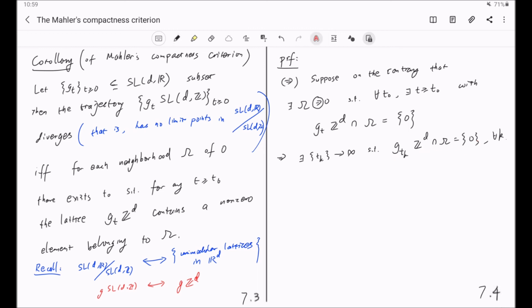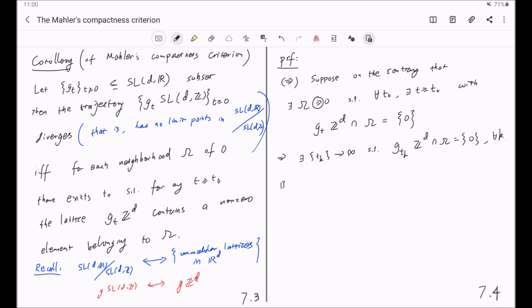So what does this tell you? I'll let you think about it first. This tells you that the sequence of lattices is precompact.